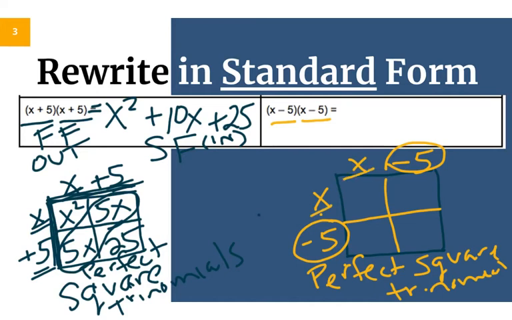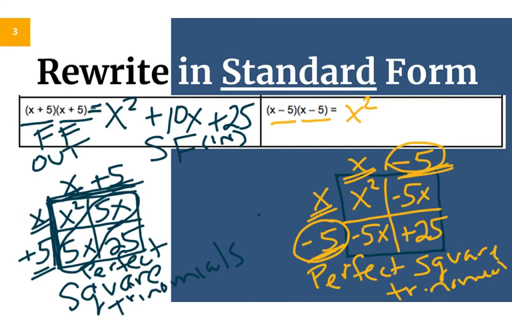X times x, x times negative 5, negative 5 times x, and negative 5 times negative 5. Remember, a negative times a negative is a positive 25. So let's write that in. X squared, and now I've got negative 5x minus 5x.